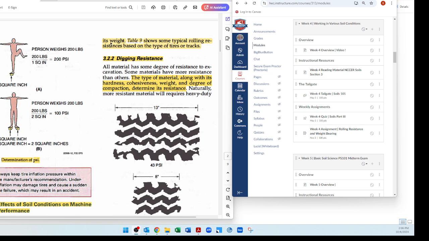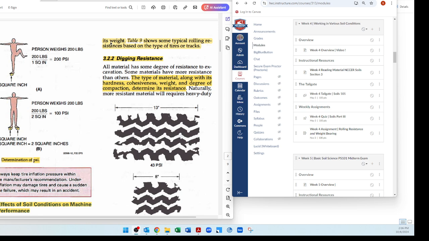In other words, if it weighs 54,000 pounds and its rolling resistance is 20%, you would take 54,000 multiplied by 1.2, and that would give you the total resistance in the form of additional weight. In other words, it would tell you how much your machine should be considered total weight now, with adding in the rolling resistance.